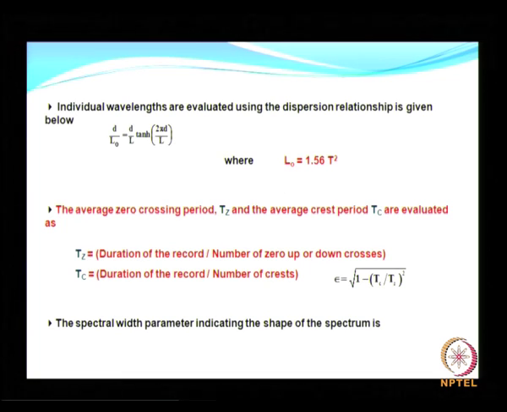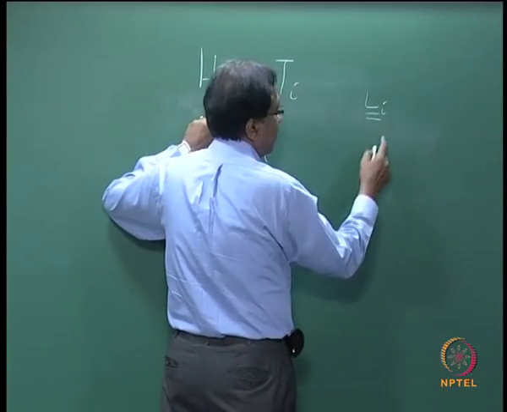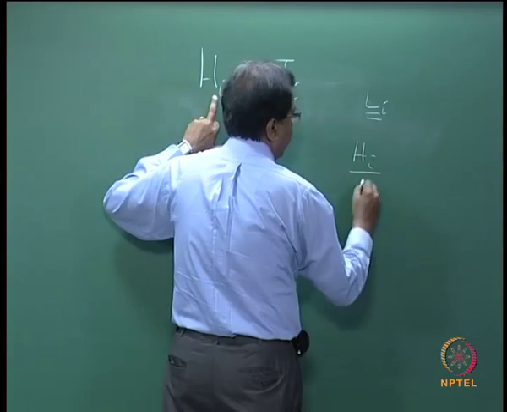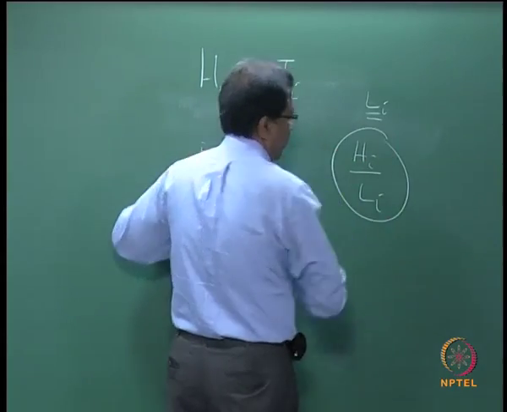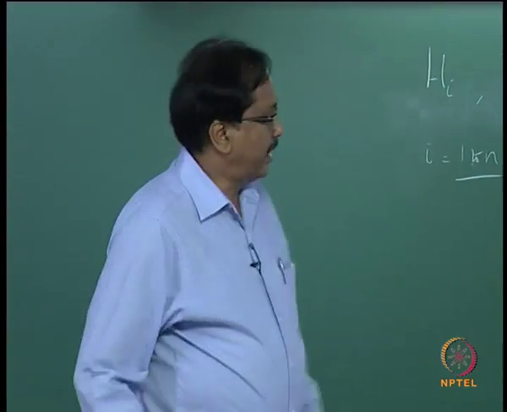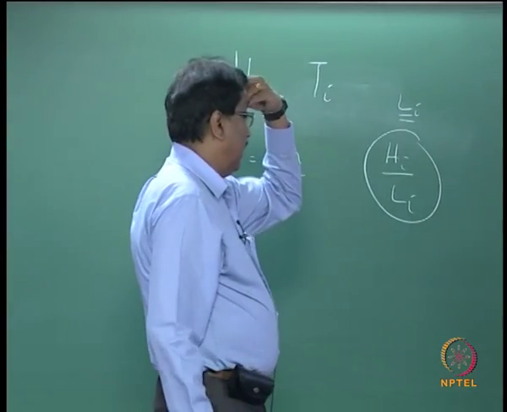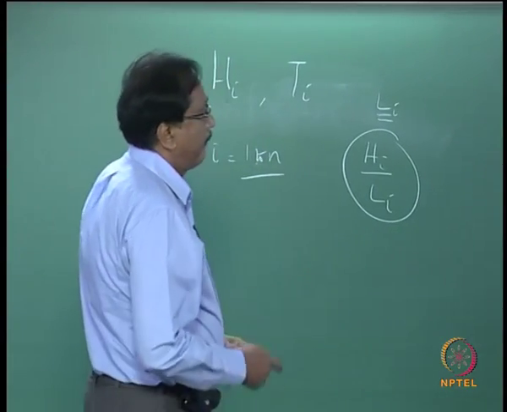Since H is also known, and Li is also known from the dispersion relationship, you can arrive at the wave steepness. And any other parameter also you can arrive at using this method of analysis.